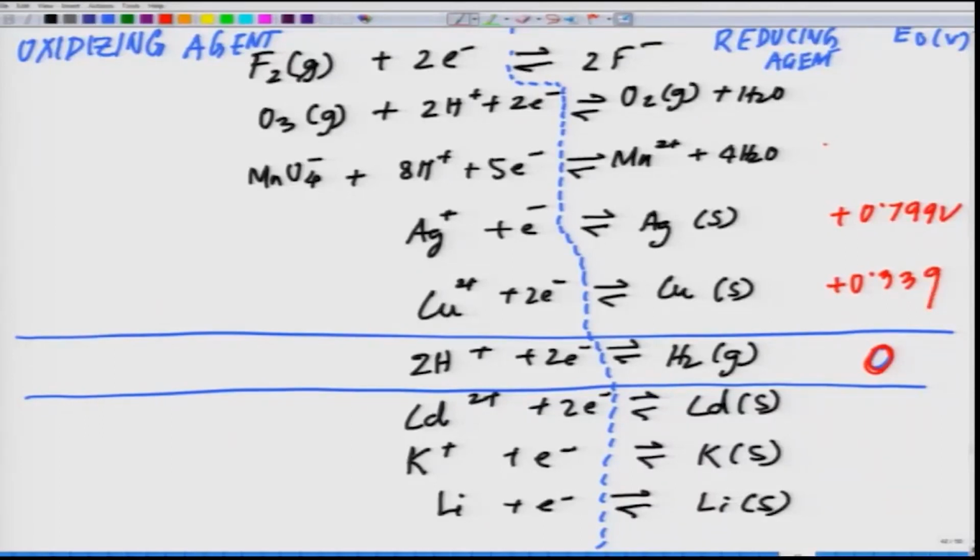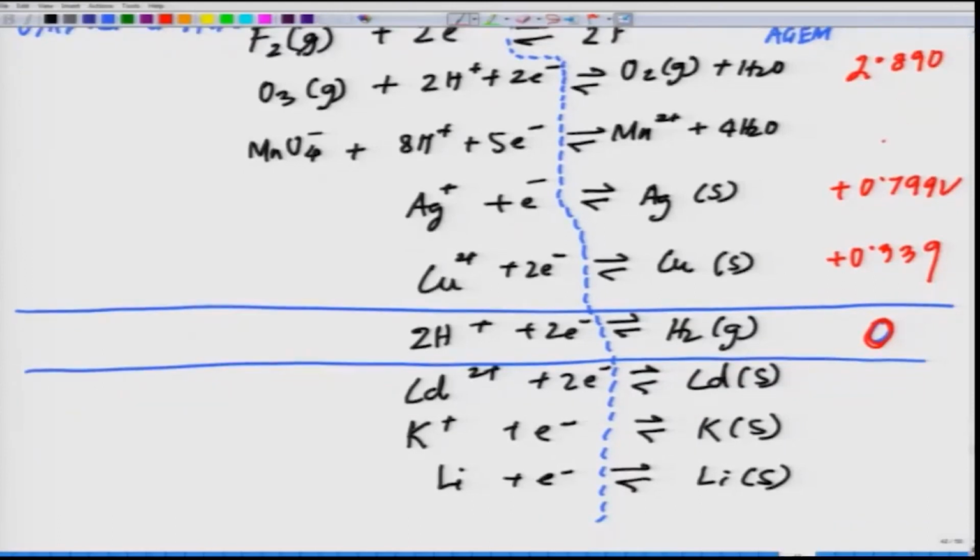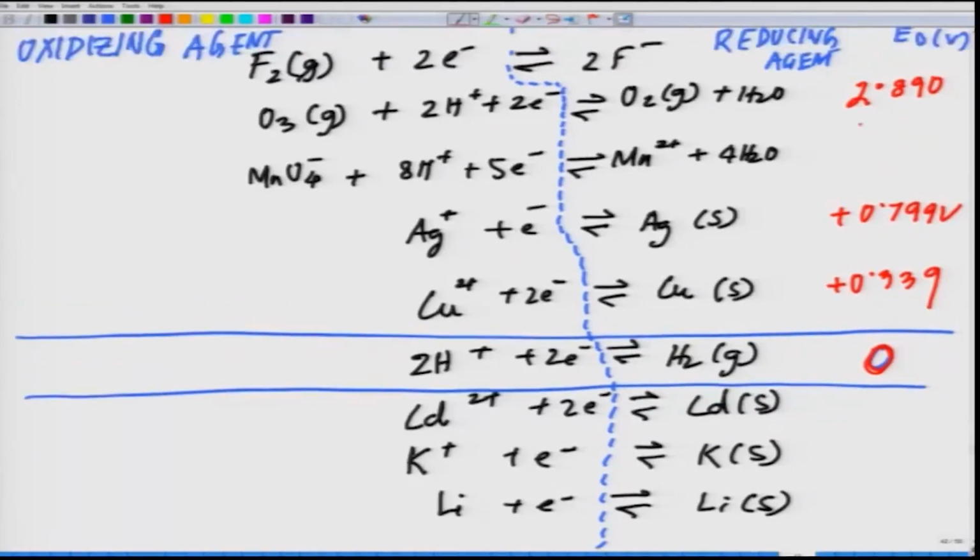Similarly, for fluorine, it is 2.890, and these are all experimentally determined values. Similarly, for oxygen, once again, this was for fluorine, and oxygen is out here, which is 2.075. For manganese, it is MnO4-, it is 1.507.